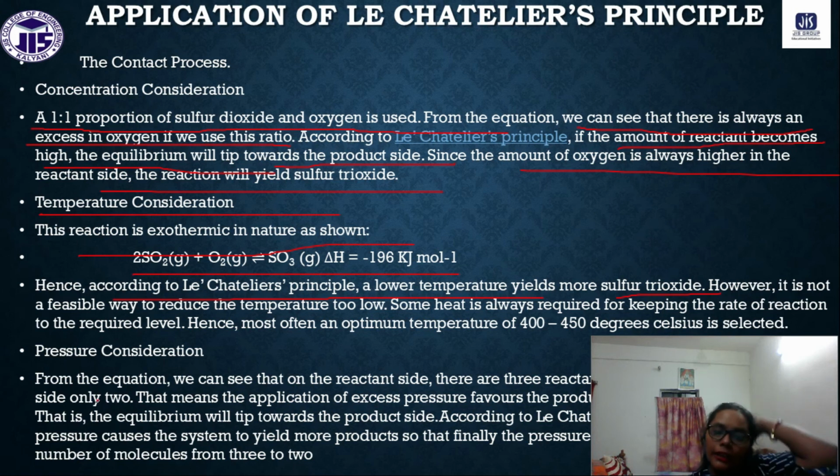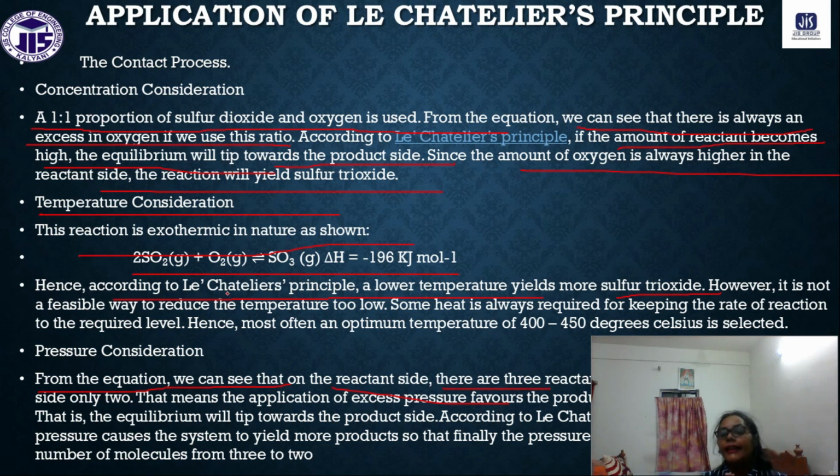And pressure: if we consider the pressure, from the equation we can see that two molecules of sulfur dioxide and one molecule of oxygen will form two molecules of SO3. So we generally have three reactants and one product.